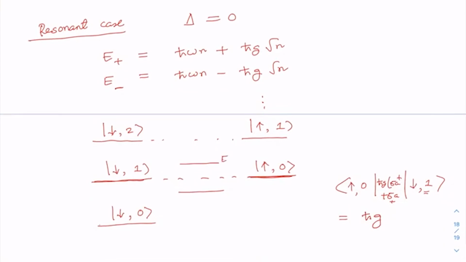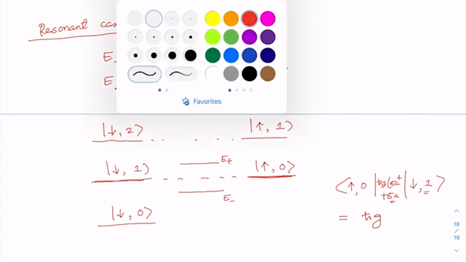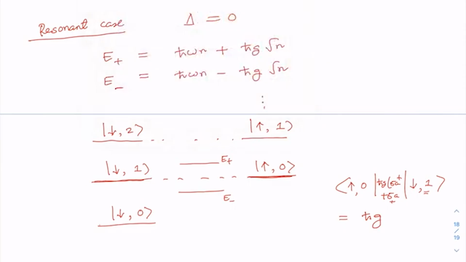I hope you are getting it. So this is my E plus and this is my E minus. E plus is ħω plus ħg, and E minus is ħω minus ħg. So the splitting in the energy level is simply twice ħg.